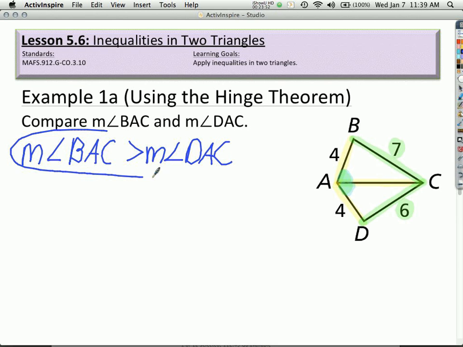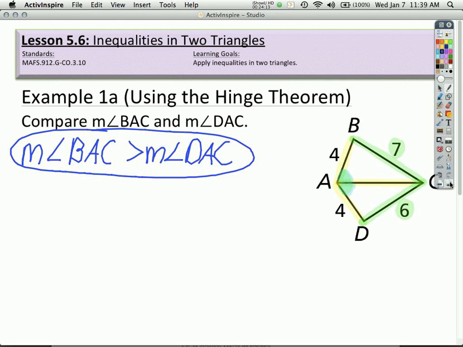And so that is a comparison. And we know it to be true because of the hinge theorem, the converse of the hinge theorem in this case. Does anyone have any questions on how we came to that conclusion? We gathered evidence, and then we made a statement. Any questions? Good, let's continue exploring.